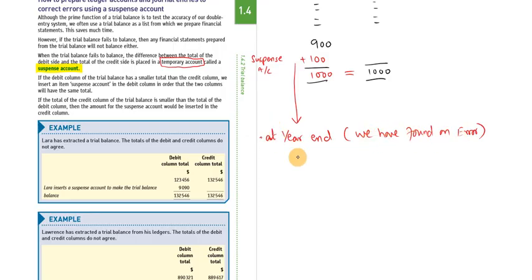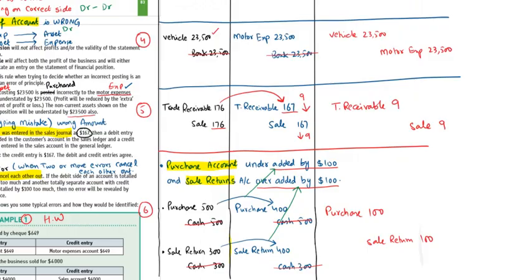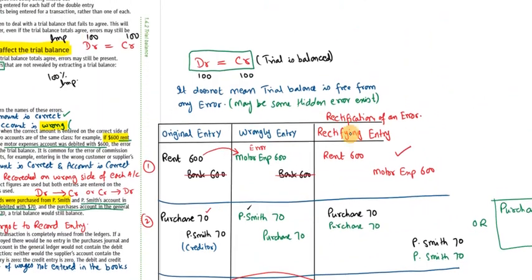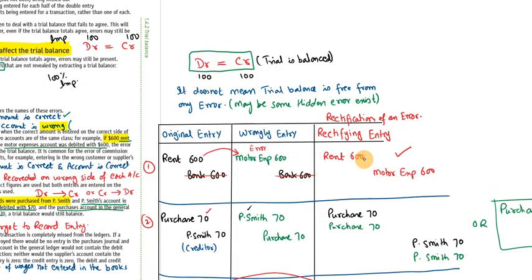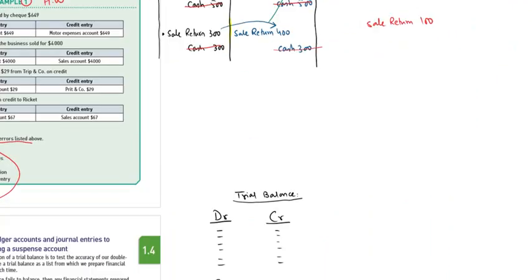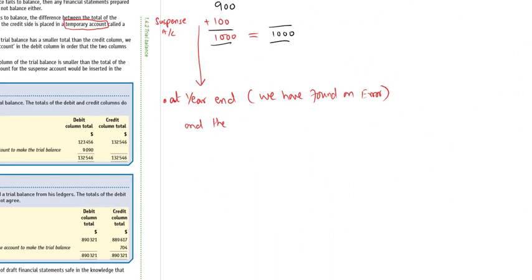At year end we find an error, and after the rectification of the error, when we have corrected all the errors, there is no need for the suspense account.